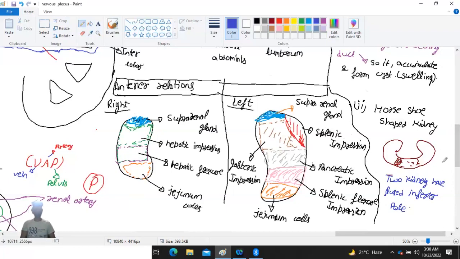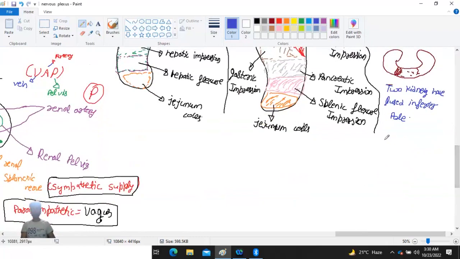But due to the horseshoe shape, it is blocked by an artery called the inferior mesenteric artery.